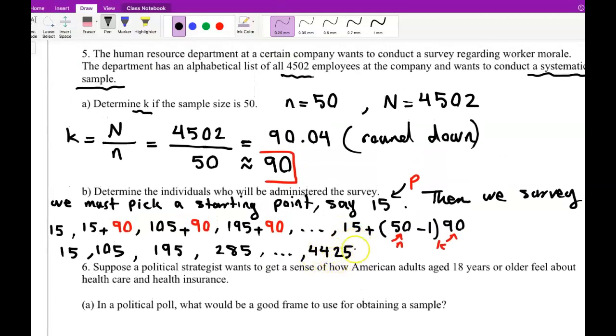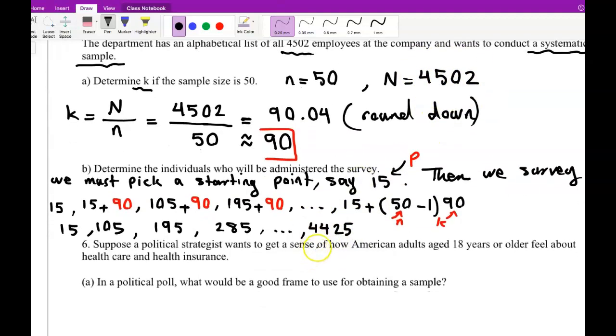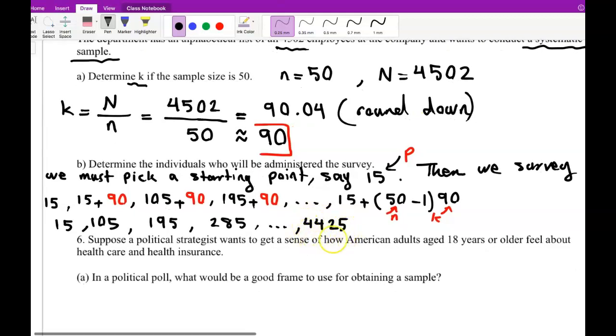See, this number should be less than what we have here for population size. This is 4,502, and the final number that we got for our sample is 4,425. If this one was larger than this number, that means you made a mistake here, and that is not correct.